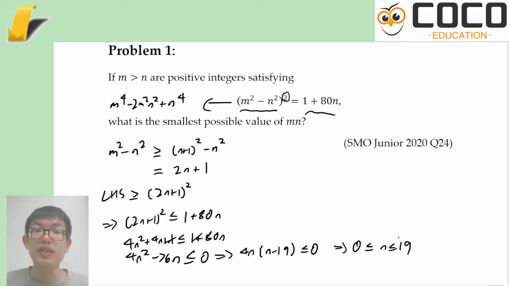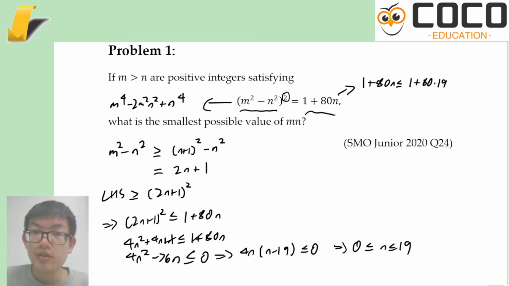I still need to test out the rest of the values, but this already restricts it a lot, because 1 plus 80n, where n goes from 0 to 19, is going to be at most 1521, which is a square, which is (2n plus 1) squared. When n is 19, it is 39 squared. But I want the smallest, so I need to check, could there be any others in this range?